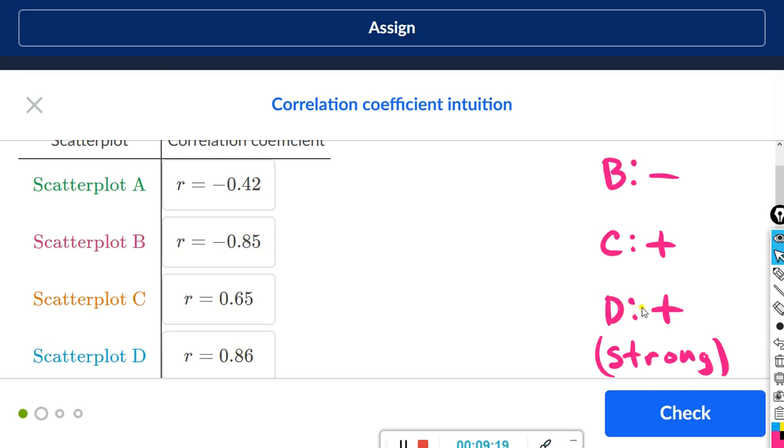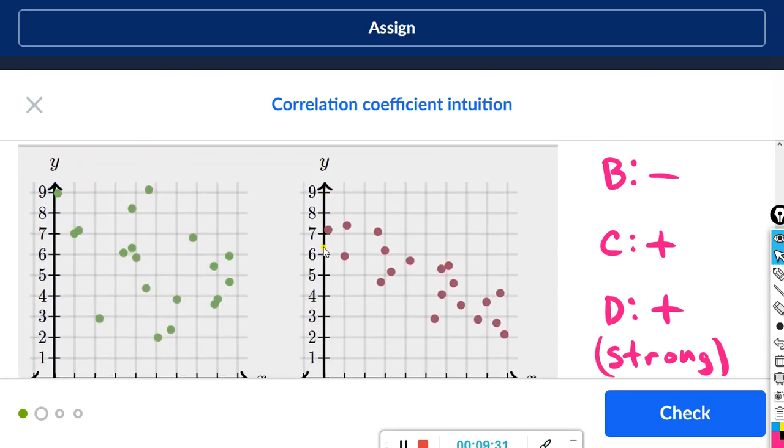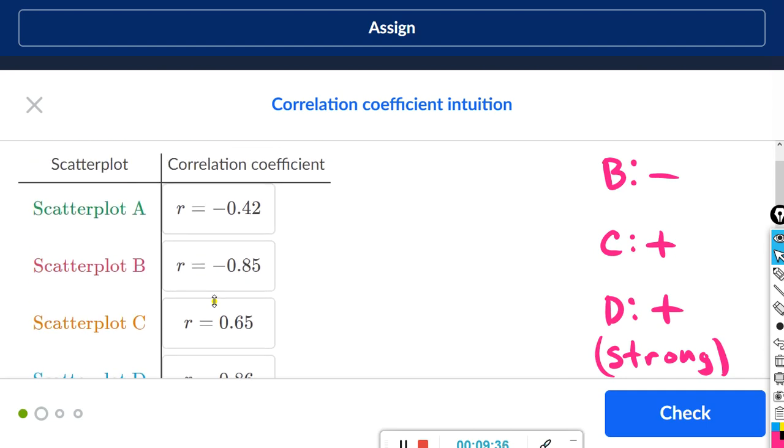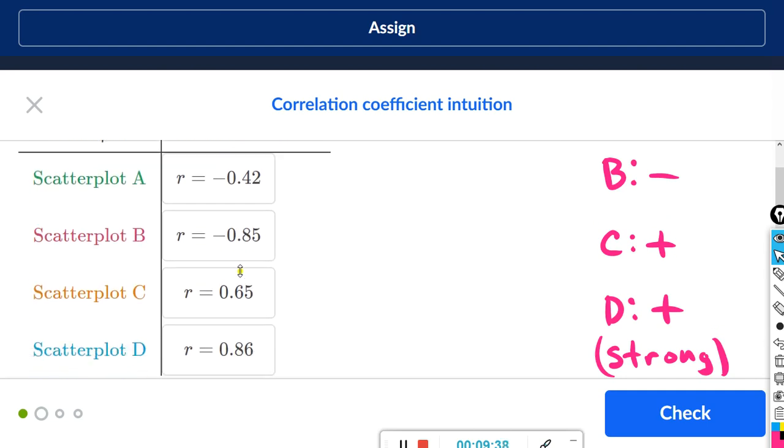All right. C and D are both positive, but D is the stronger one. So that's closer to 1. All right. And we said B was negative, and we said A was the weakest because it was very spread out. So A is going to be closest to 0. All right, so that should be it right there.